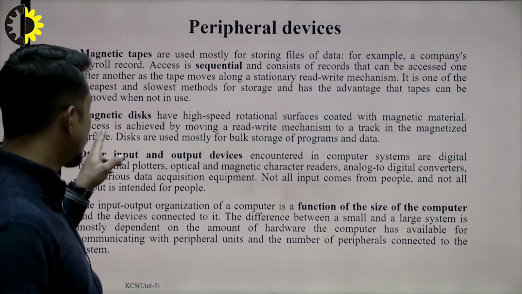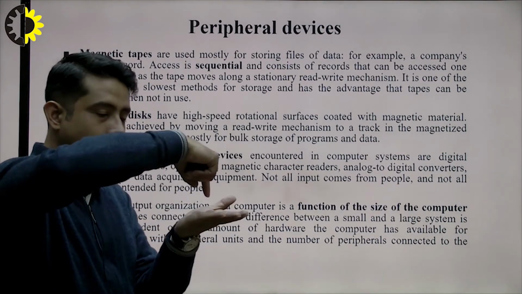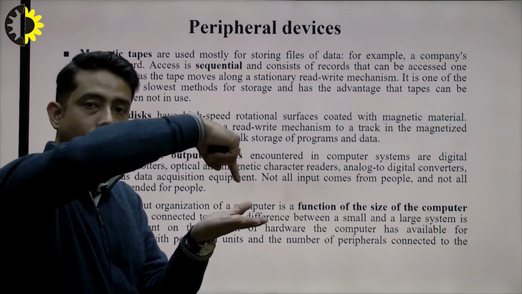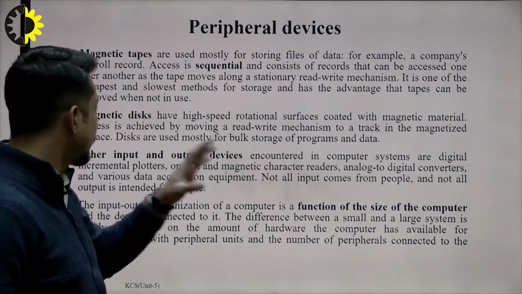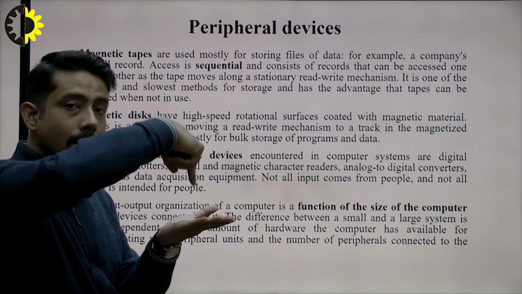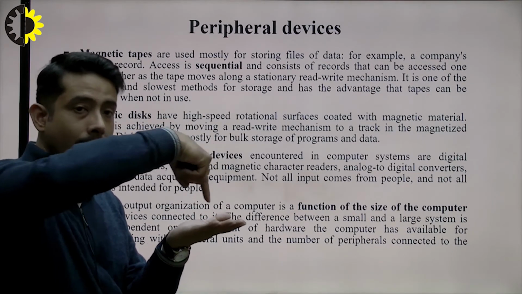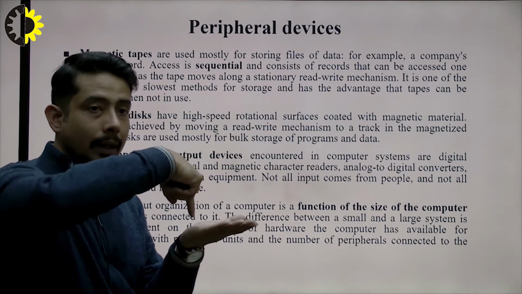Here, access is achieved by moving a read-write mechanism to a track. The read-write mechanism works in a track on the magnetized surface, so that the head can have a magnetic field, take the rotational part, and do the read and write mechanism.